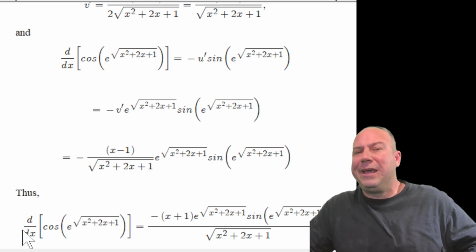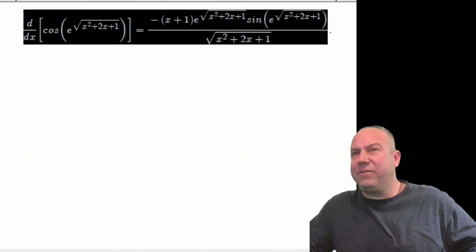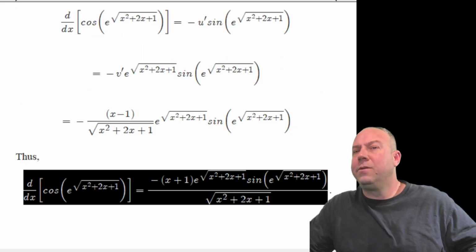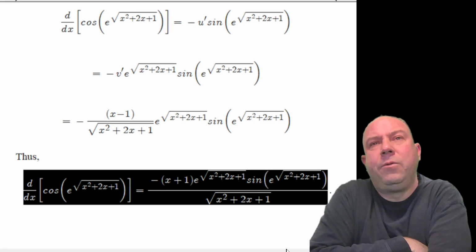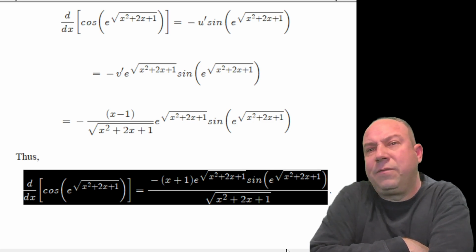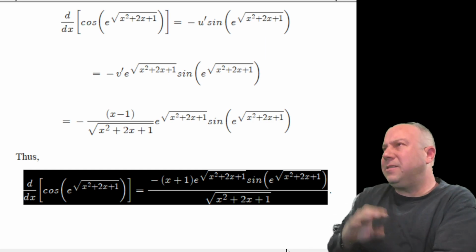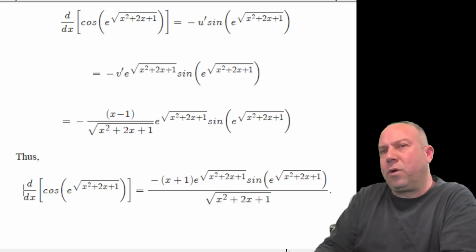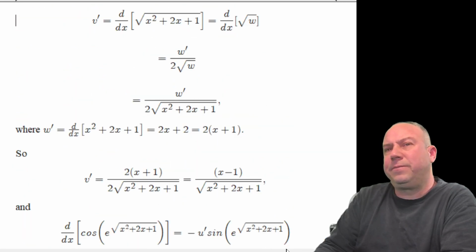And then what you'll notice is this does give us a nice factored form in the end. This is a little usefulness to these implicit forms of our derivatives.